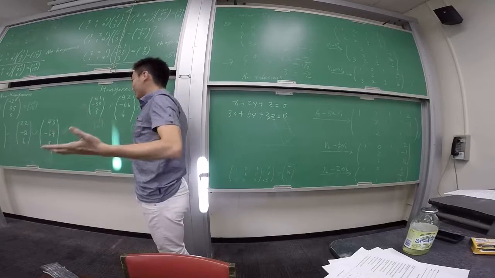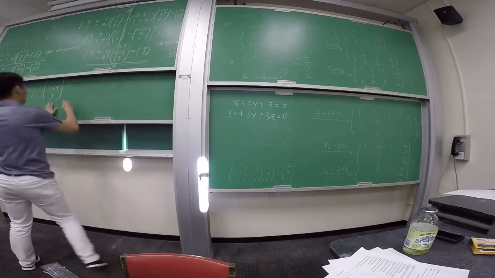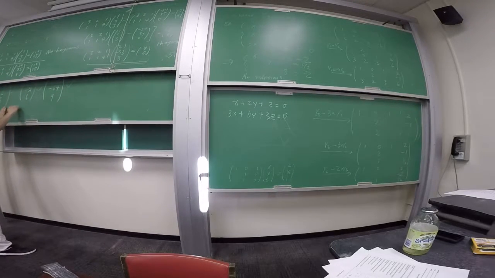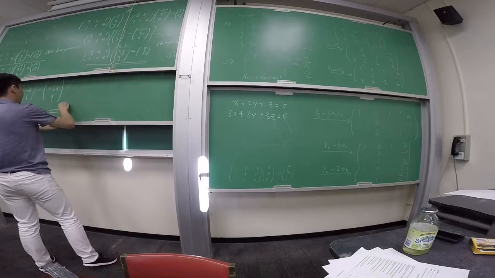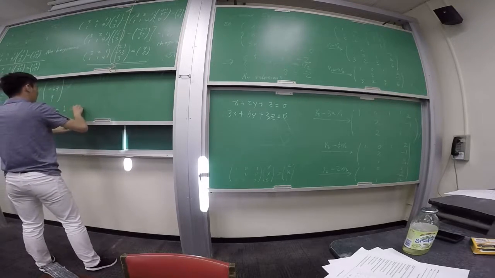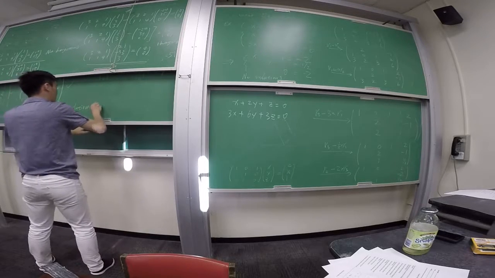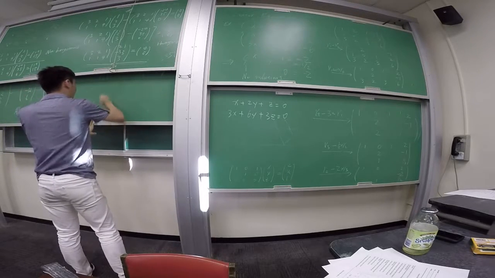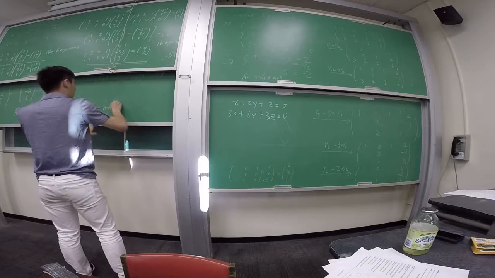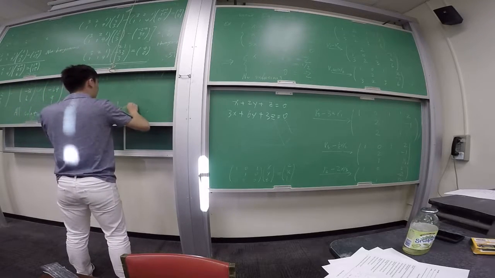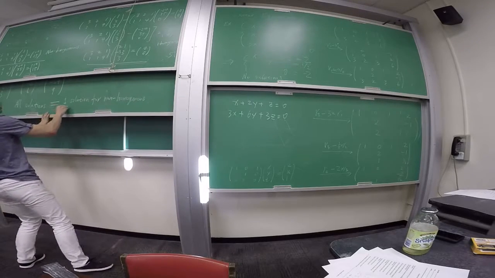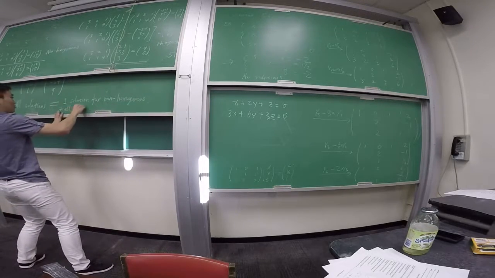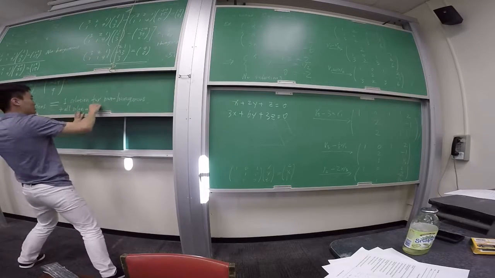So that basically tells you that all solutions are equal to at least one solution for the non-homogeneous equation, plus all solutions for the homogeneous one, right?